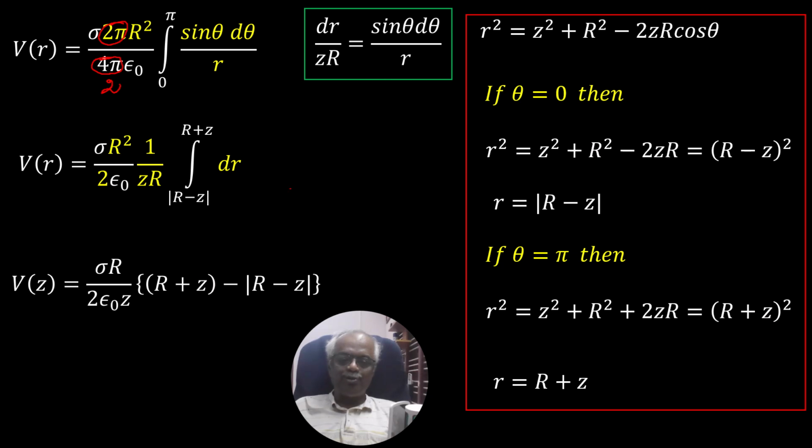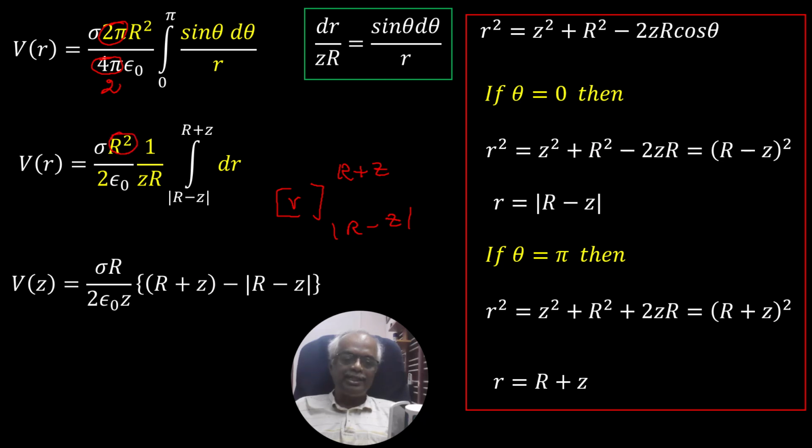So now we have to apply. If you integrate dr, we will get r, and of course you have to apply the upper limit as well as the lower limit. After applying this, before that we can cancel some of these.